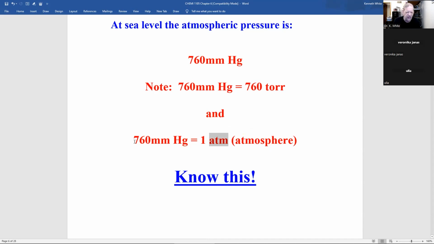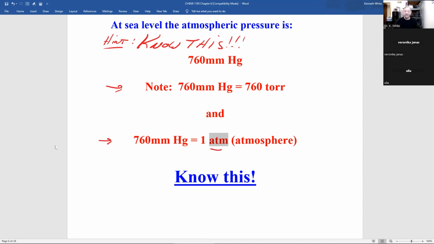So you should also know, so it even says it on the slide, you should know 760 millimeters of mercury equals 760 torr, and 760 torr or millimeters of mercury equal 1 atmosphere.